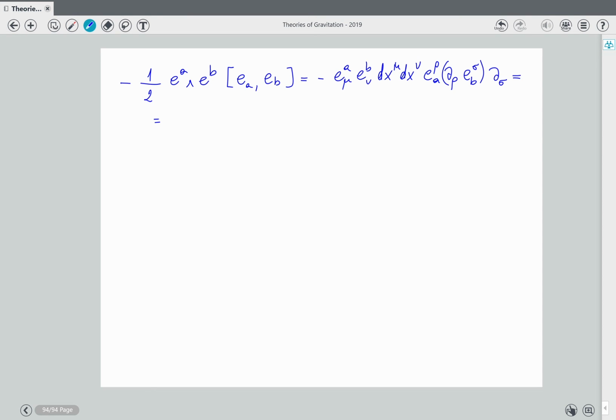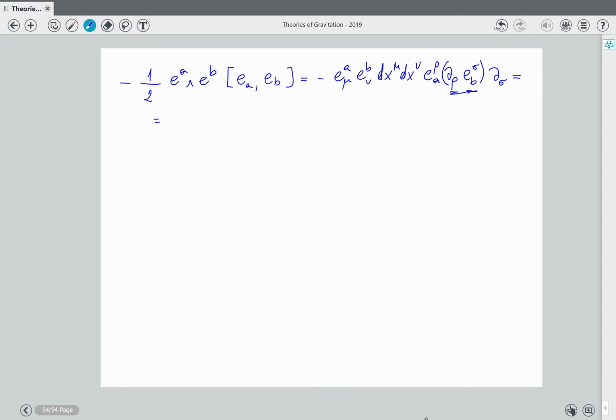Okay, let's see if there are contractions. There is a contraction here and here with A, so that's delta mu rho, and again this converts partial rho into partial mu, and that is an exterior derivative of what?